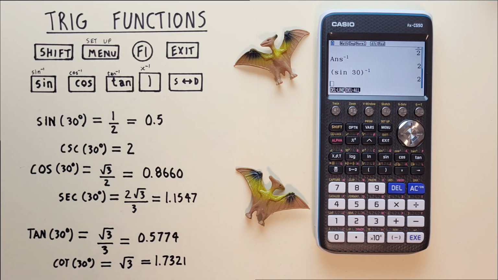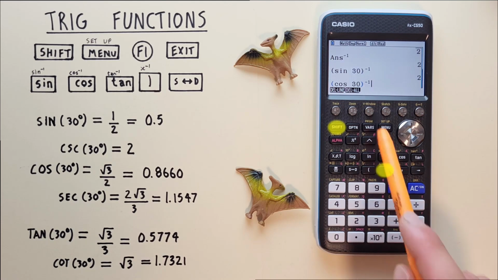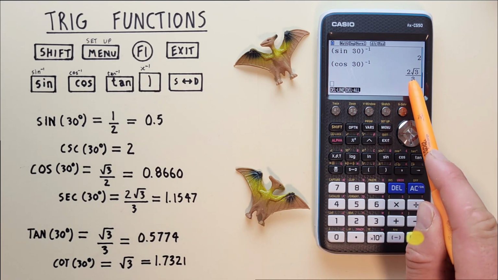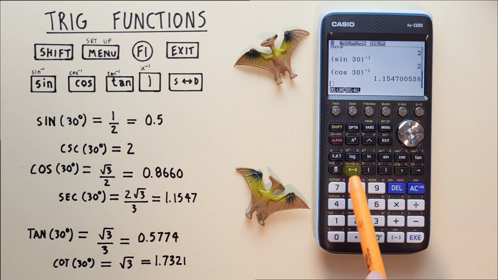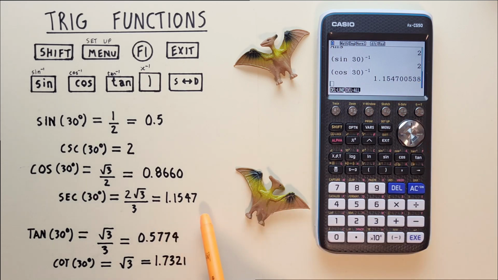So if we want to find the secant of 30, we can start our brackets, cos 30, close our brackets, add the inverse, hit EXE, and we see we get 2 times the square root of 3 over 3, which converts to 1.1547, etc., which is correct.